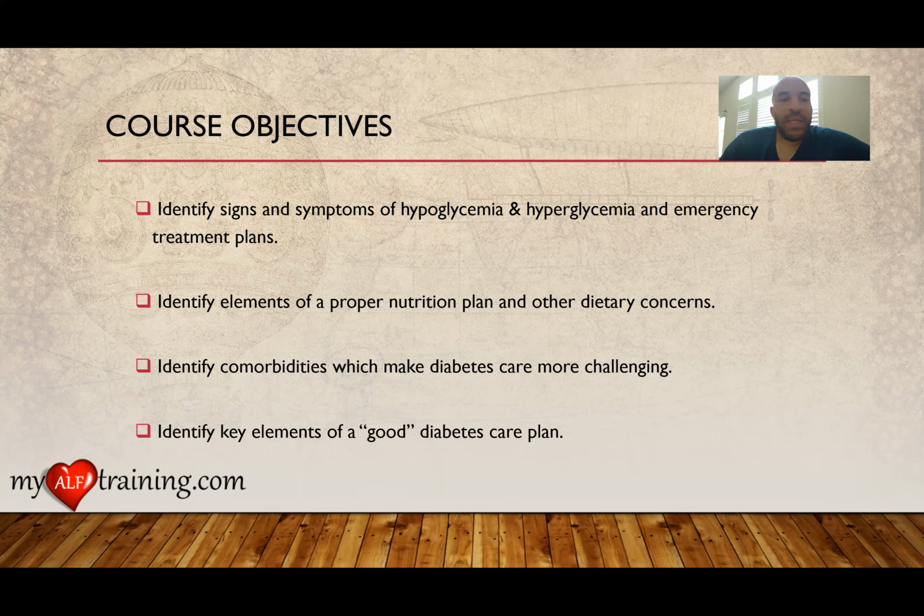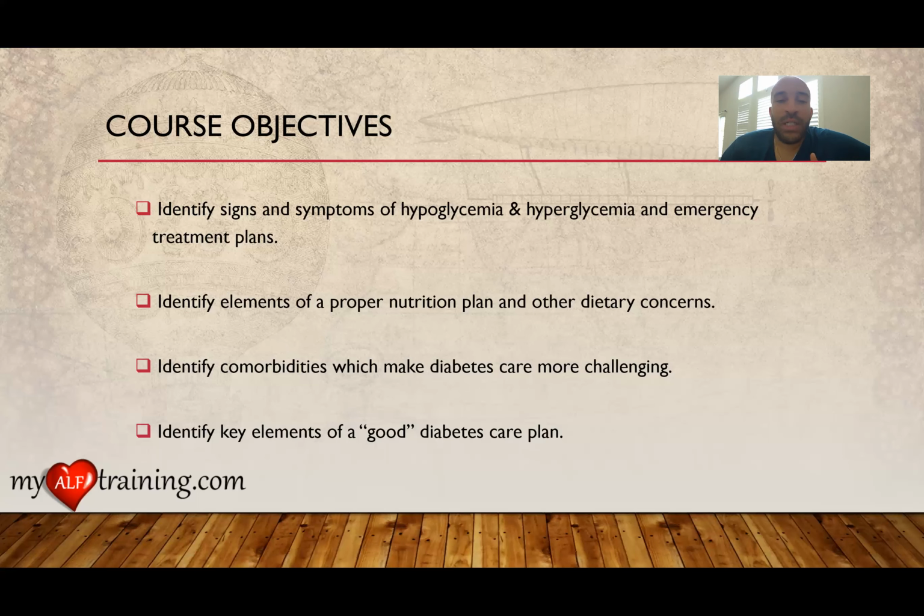Next would be identifying comorbidities, which make diabetes care in itself very challenging. As I'm sure you are probably already aware or may be becoming aware of, patients with diabetes, their care can be very challenging at times.